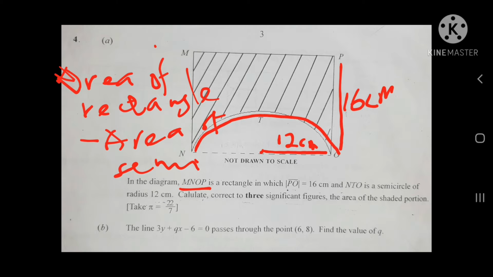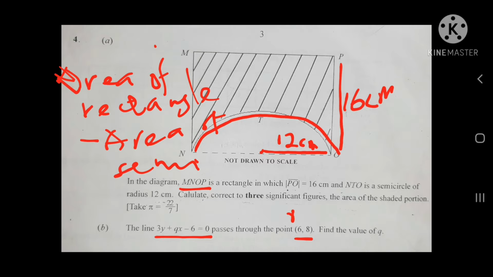Then with question B, a line is given to us, 3y plus qx minus 6 equals 0, as indicated here, and that line passes through the point 6, 8 as indicated. So what we do is substitute the point 6, 8.